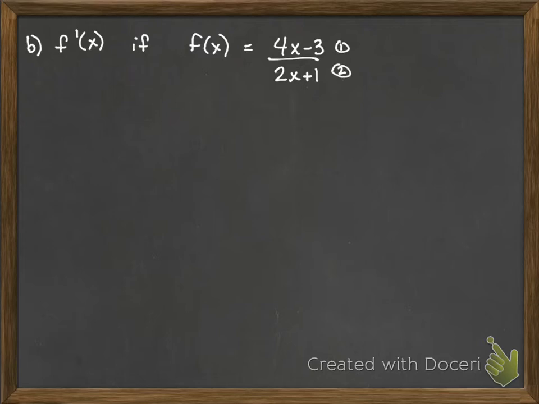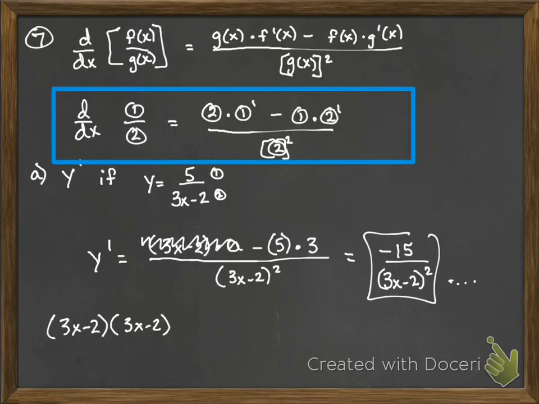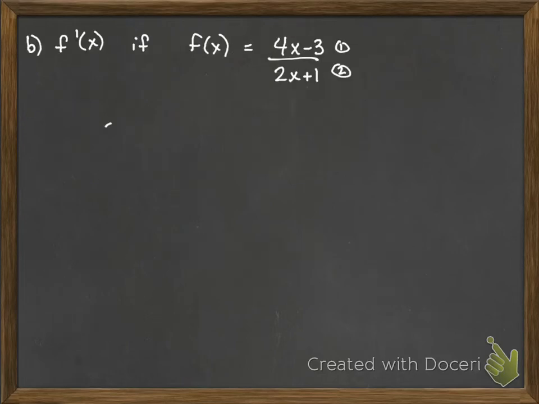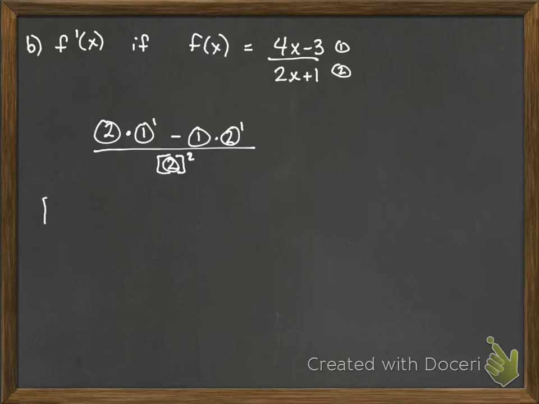We're going to go back to our quotient rule here. 2 times 1 prime minus 1 times 2 prime all over 2 squared. We're going to use that idea as we look at f prime of x, or the derivative of f with respect to x.